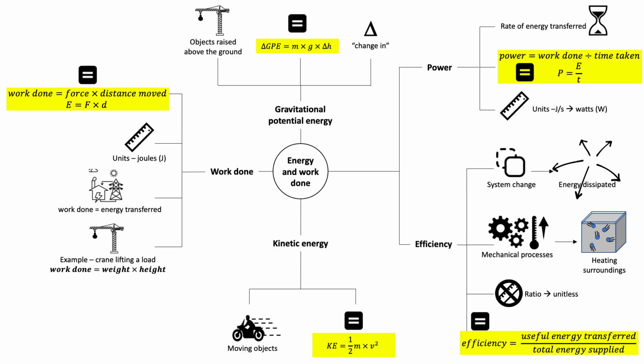This links quite well with the gravitational potential energy equation, because that is a calculation that describes the energy shifted when an object is raised to a certain height, or rather where there has been a change in the height of the object. And the kinetic energy equation is a way to calculate the energy shifted due to the movement of an object, and that is described by half mv squared.